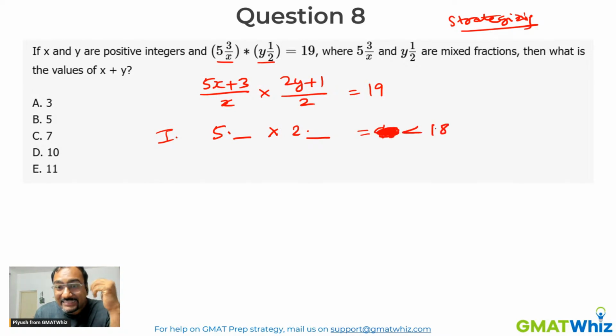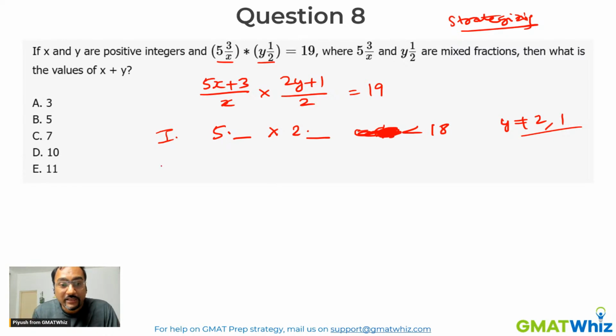It will be less than 18 for sure, right? Agreed? Because even if I take 5.999 multiplied by 2.999, which is approximately 6 and 3, I don't get beyond 18, and I have to get to 19. So for sure, y is not equal to 2, and not equal to 1 for that same reason, right? It can't be less than that.